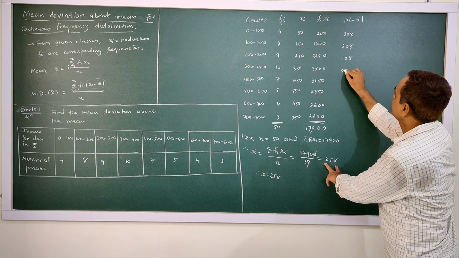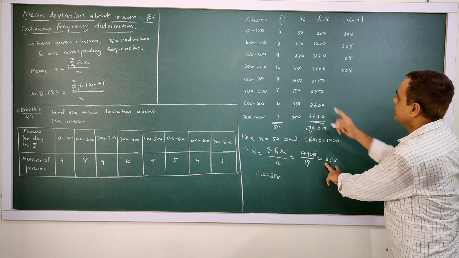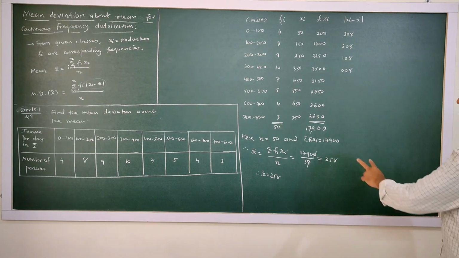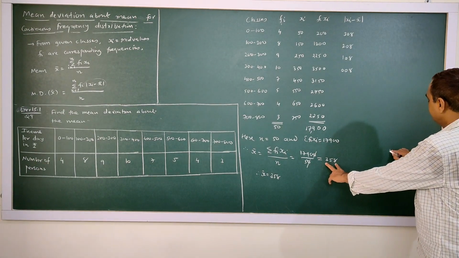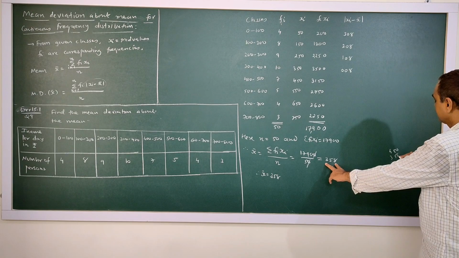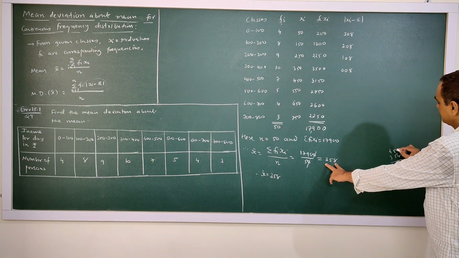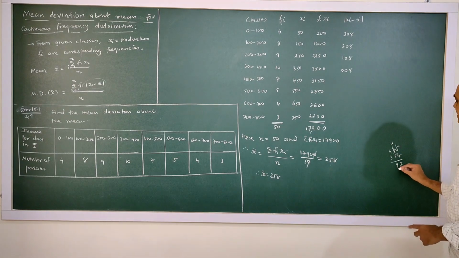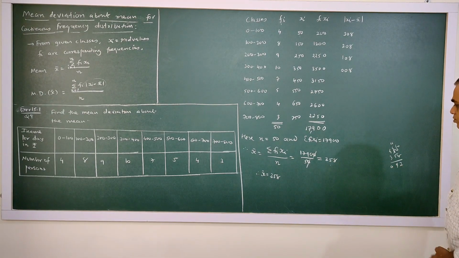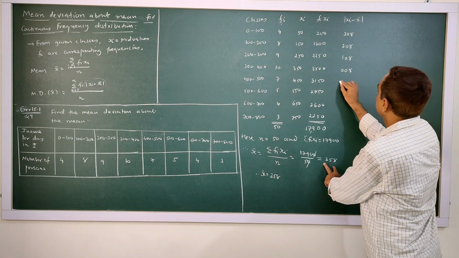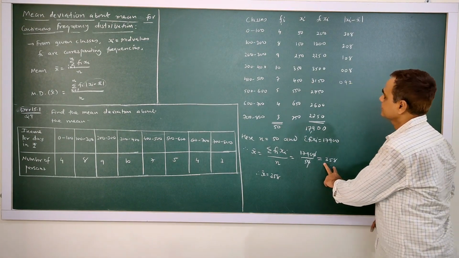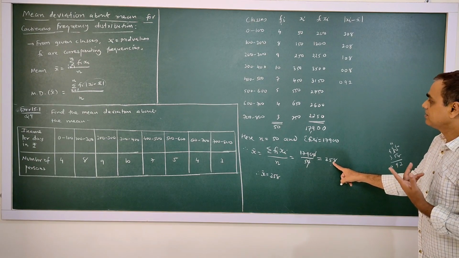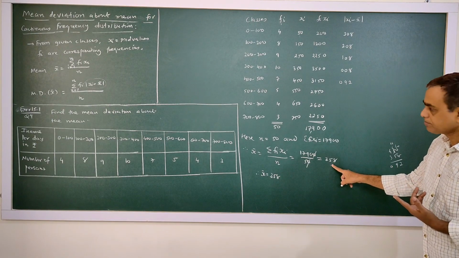We take here absolute difference. Then here 8. Then 450 minus 358, so difference will be 92.